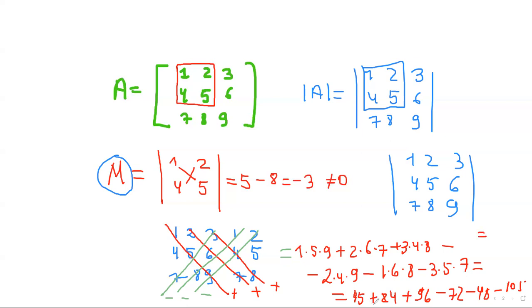If we add the first 3, 45 plus 84 plus 96, we get 225. Then minus 72, minus 48, minus 105.